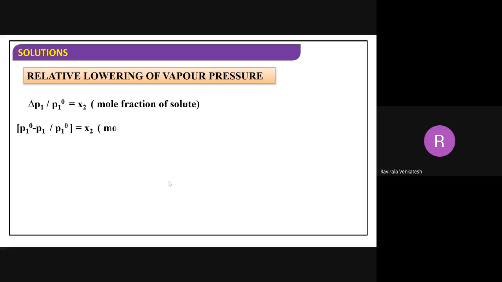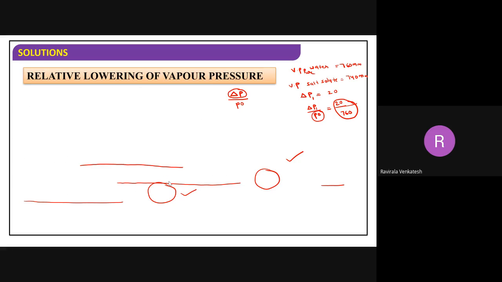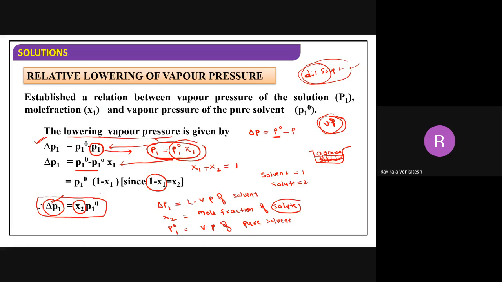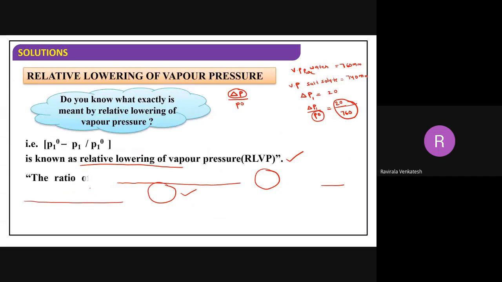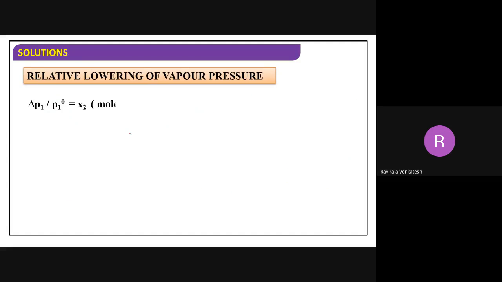Now let me see what happened. We do some more simplification of this formula, because we already got the previous formula: ΔP1 is equal to mole fraction of 2 into P naught, correct or not?